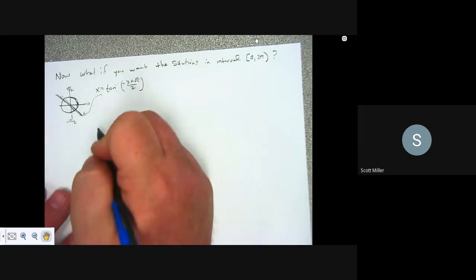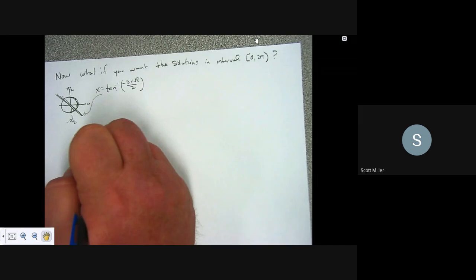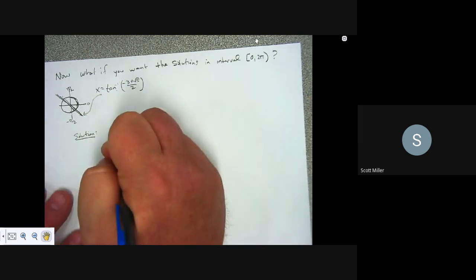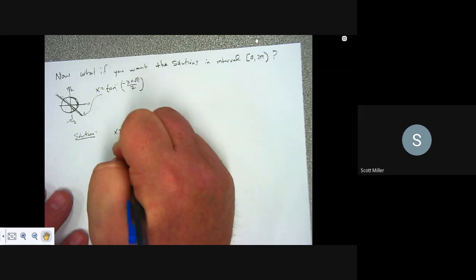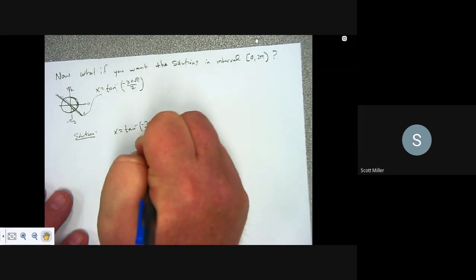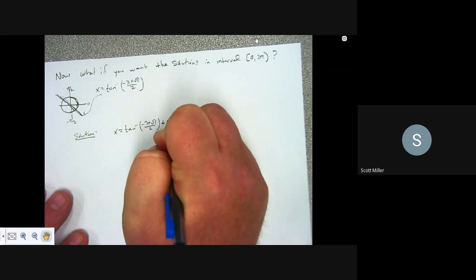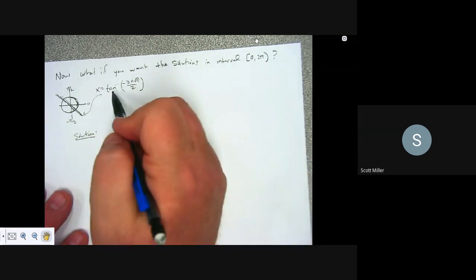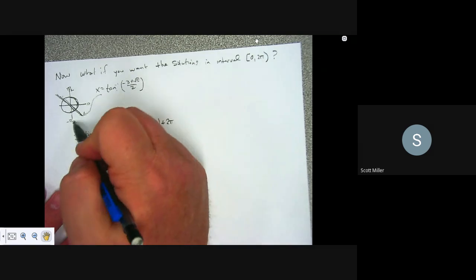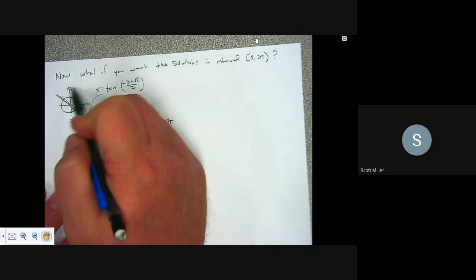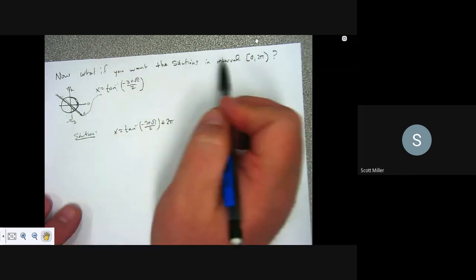So your solution is going to be, because we're doing a list, x equals the inverse tangent of this plus 2 pi. There's no n here. It's this answer, which is in quadrant 4 as a negative. I'm going to add 2 pi to it to get to the positive version in this interval.